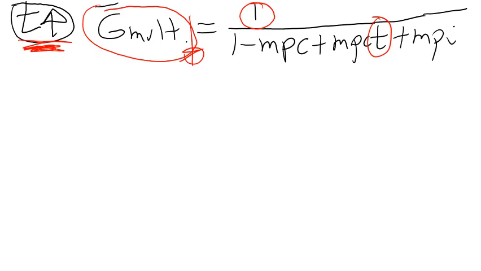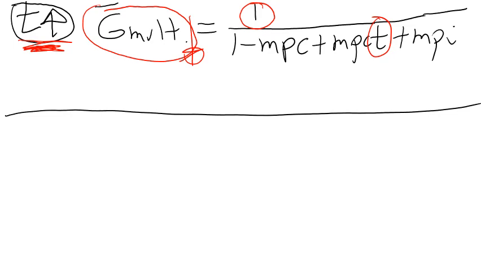Now, let me cover the second one in a similar fashion. Let me use green. MPC. Let's say that the marginal propensity to consume out of disposable income goes down.